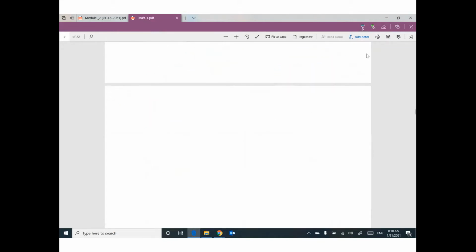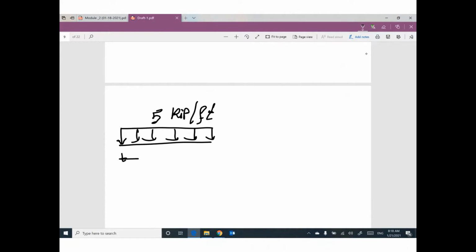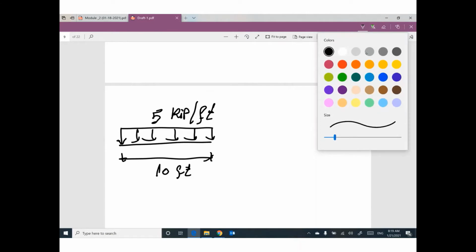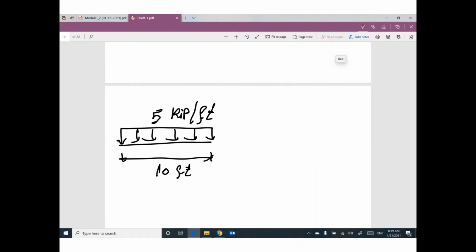For example, we have a uniform distributed load equal to 5 kips per foot. The total distance for this distributed load equals 10 feet. What is the equivalent value for this force?